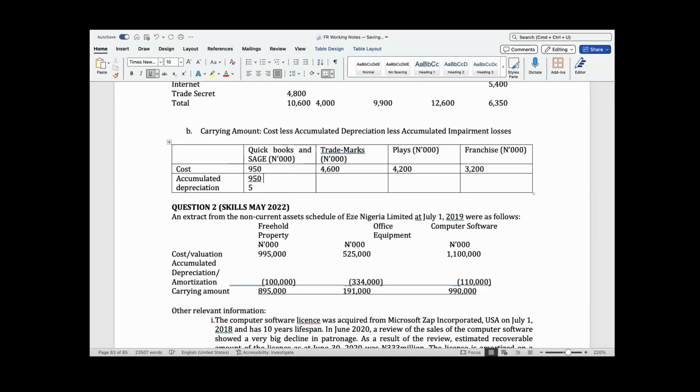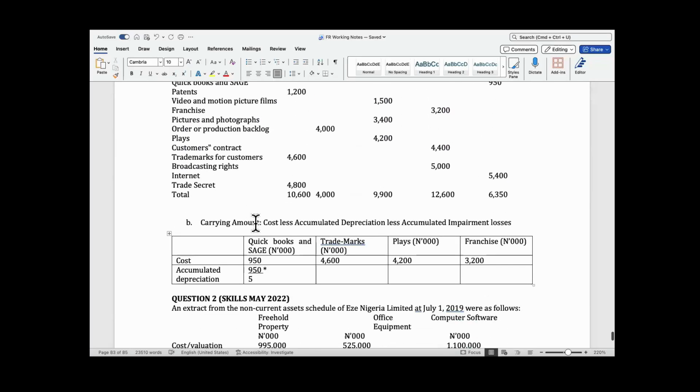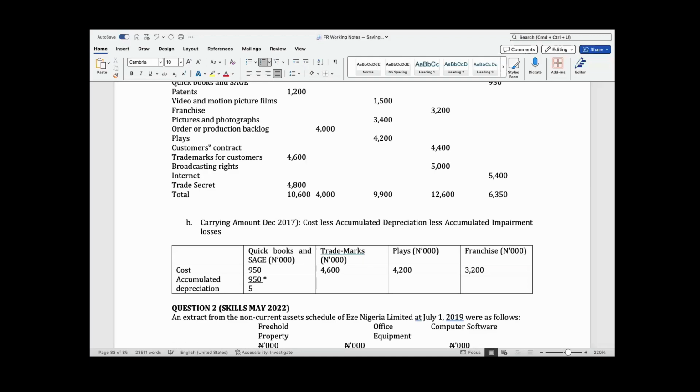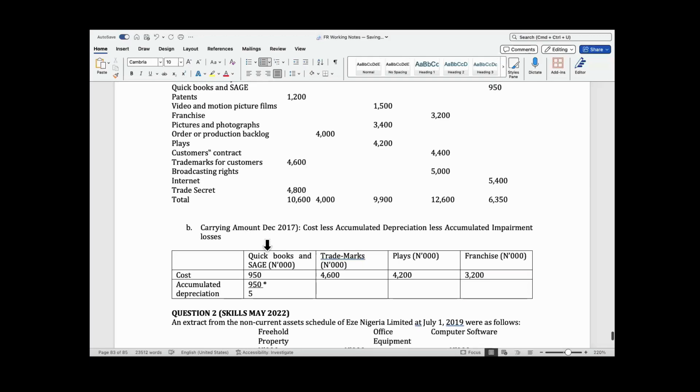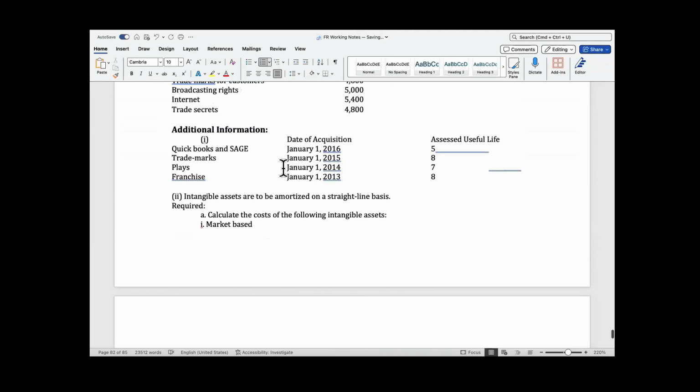That will give me my depreciation per annum, 190. But since you are getting accumulated, which year are we? We are in December 2017. So we are trying to get carrying amounts as at December 2017. When did we buy this QuickBooks? We bought it in 2016, 1st of January.